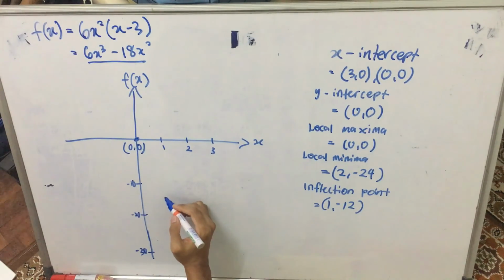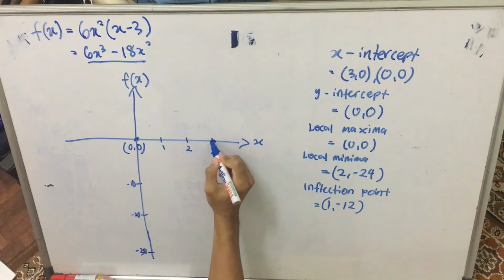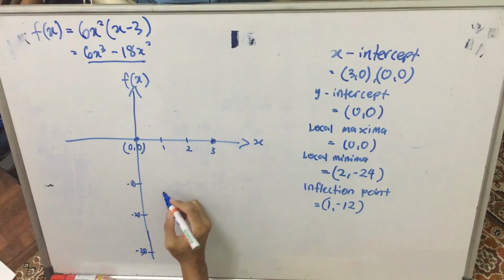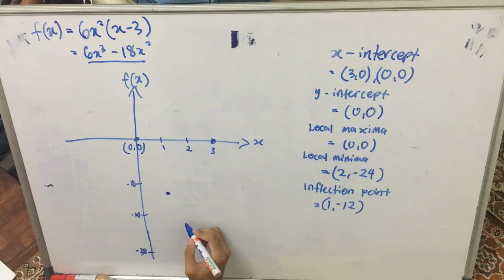Next we need to plot the points that we have here: 3, 0 for the x-intercept, 1, negative 12 approximately here, 2, negative 24 around here.